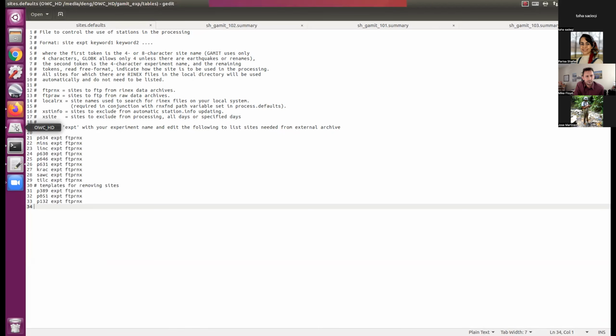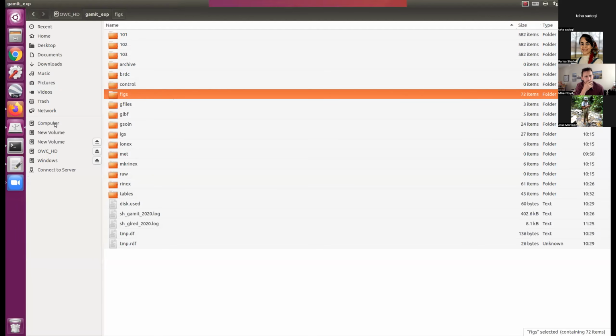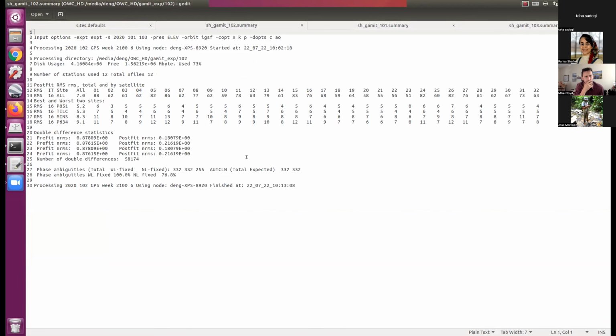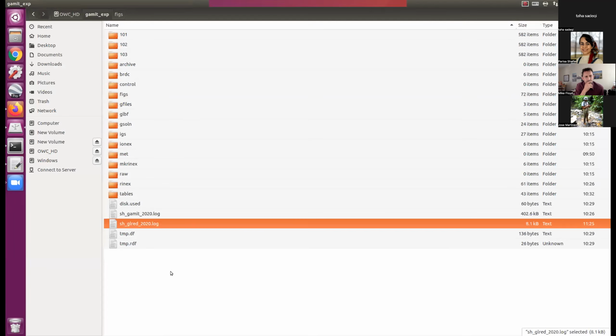So I ran sh_gamut successfully. I have the figures or the summary file here for only 3 days, because I increased the number of stations and there's no time for processing many days. So I only included 3 days, and I ran it successfully. But the problem is that I still have a little problem with sh_glred.